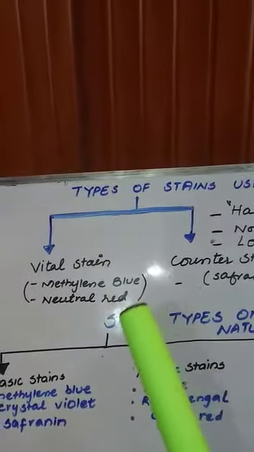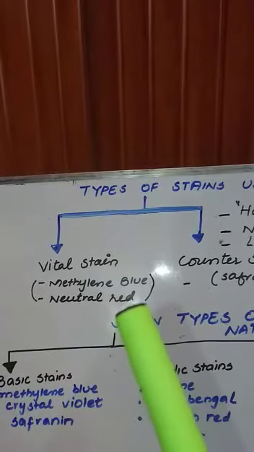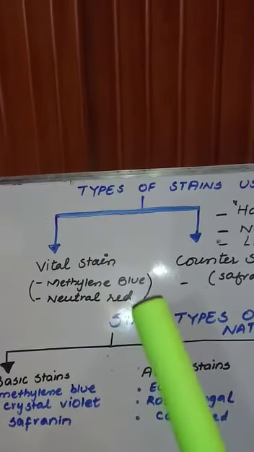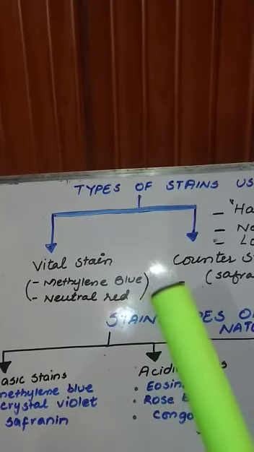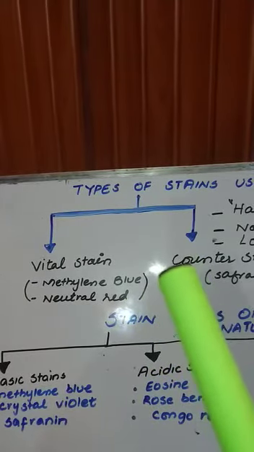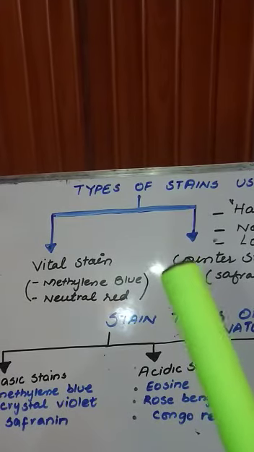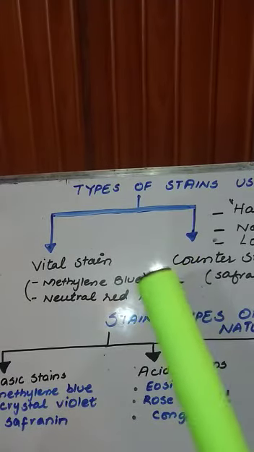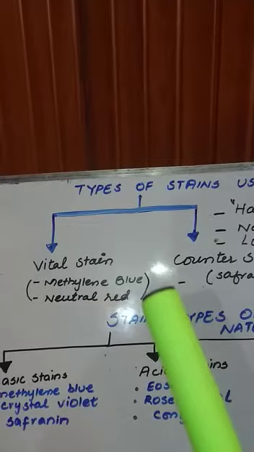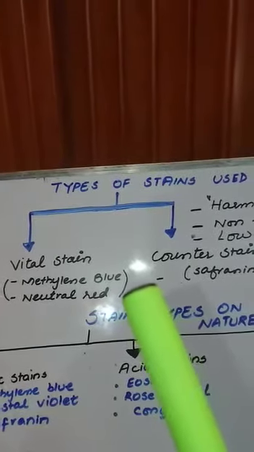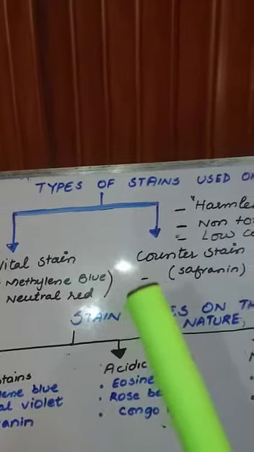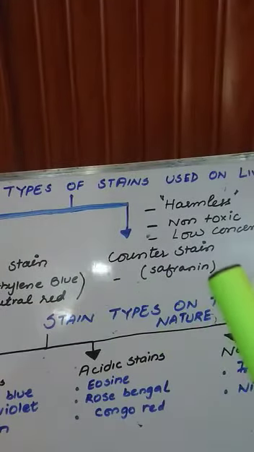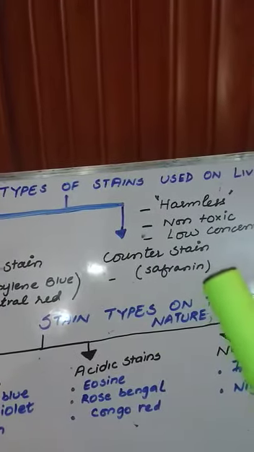This increases the resolution of the microscope so we can observe them clearly. Vital stains include methylene blue and neutral red. There is a long list, but I have mentioned only two. Similarly, as a counter stain, safranin is used.